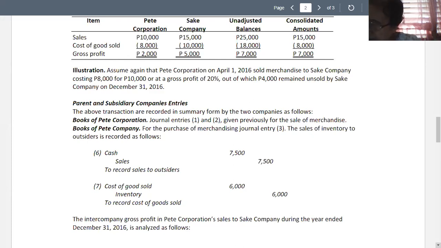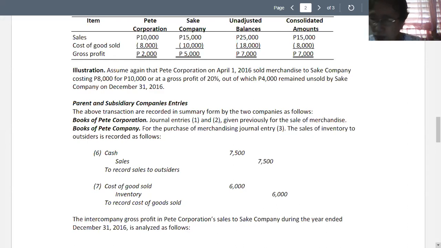So again, in the illustration made for illustration number 2, assume again that Pitt Corporation on April 1 sold merchandise costing 8,000 for 10,000. So take note, the gross profit rate is 20%, out of which 4,000 remained unsold by Sake Company on December 31, 2016.